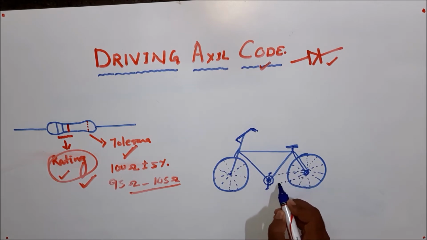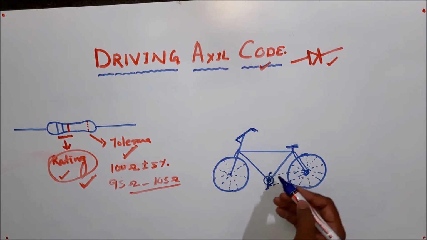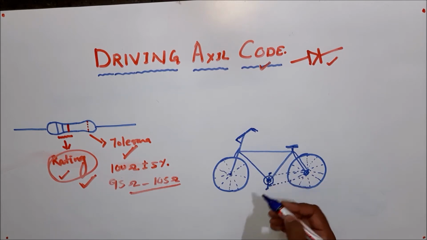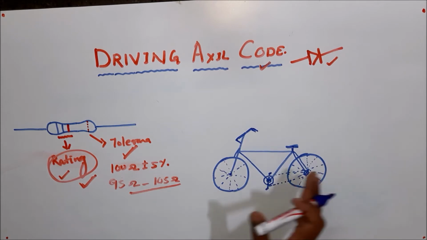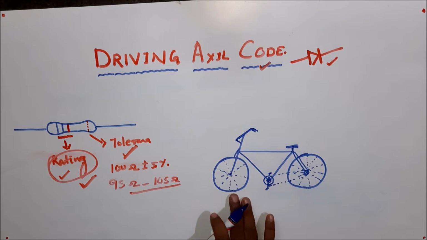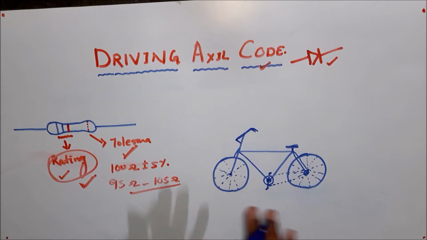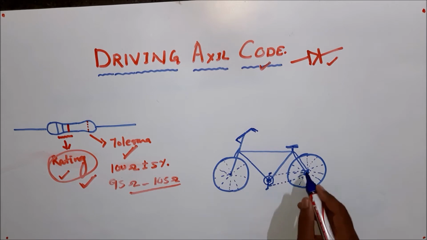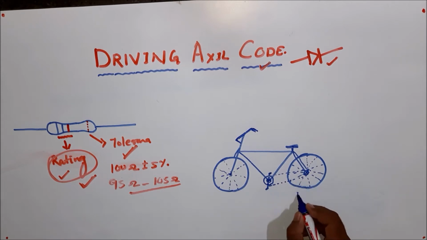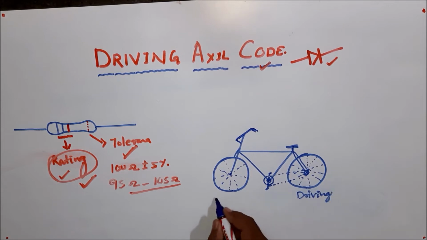That means the back wheel is the driving wheel. According to your foot pedal, as you speed up or slow down, the back wheel drives the cycle, and the front wheel is just to hold the cycle and to change the direction. So the back wheel is the driving wheel, and the front wheel is called the dummy wheel.